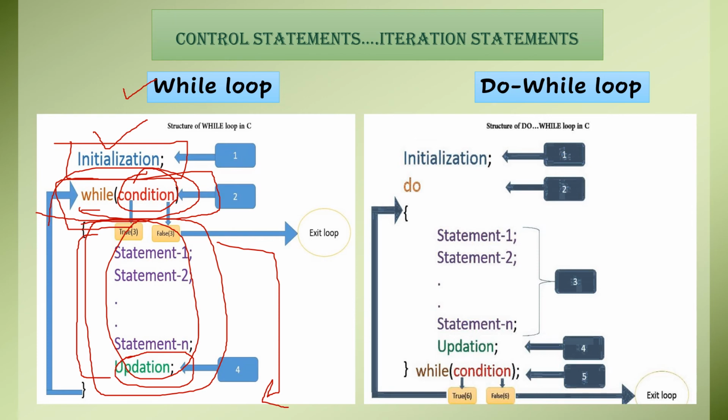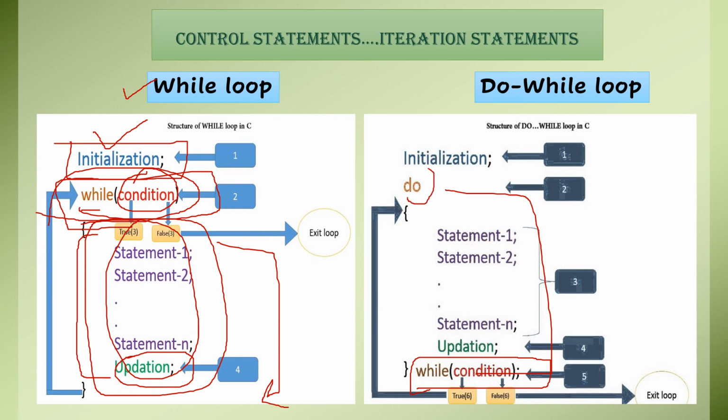And in case of do while loop, this is called an exit control loop. Exit control loop means whenever we are exiting from the loop, at that time the condition is checked. And this block gets executed until this condition is true. Whenever the condition becomes false, it doesn't go into the do block, rather it will come out of the loop.